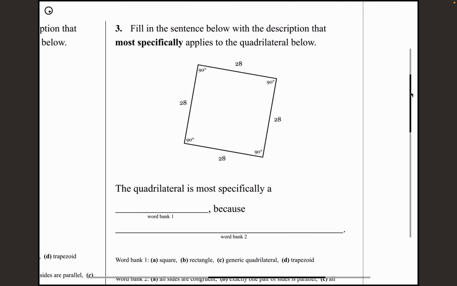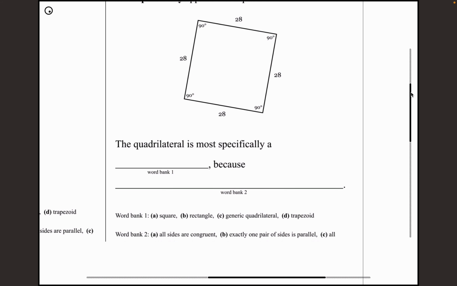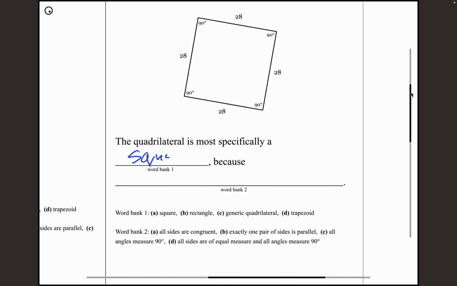It's all right angles and 4 congruent sides. Now, just know this is called basic quadrilaterals, and we still have level 1, level 2, and more advanced. Then you would put all sides and all angles, so that would be D.